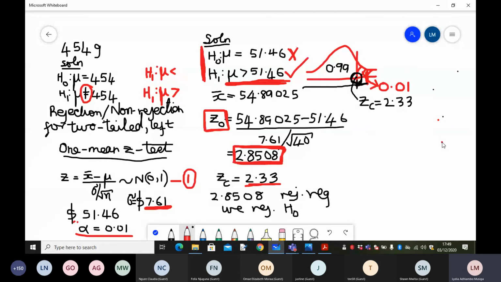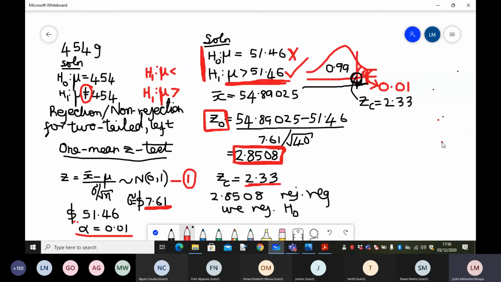Why is it important to state that the results are statistically significant at 1% level? It's because if we had a different level of significance, maybe we would not reject H0. Suppose the level of significance was 10%. Maybe we would find that we do not reject H0. Suppose the level of significance was 0.005.